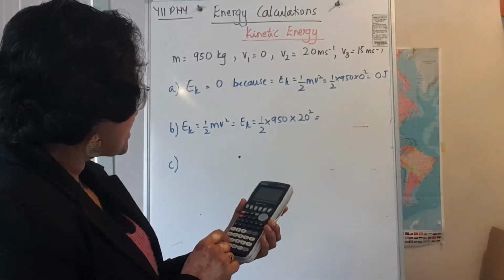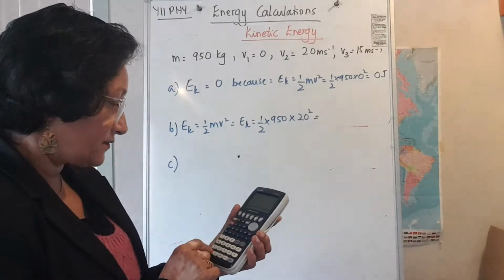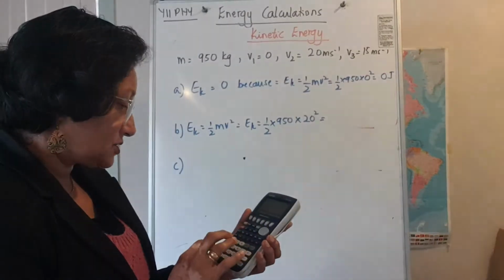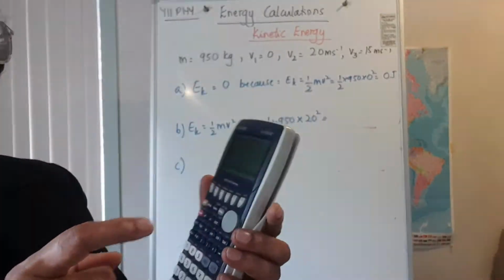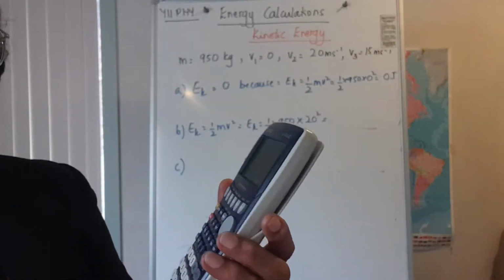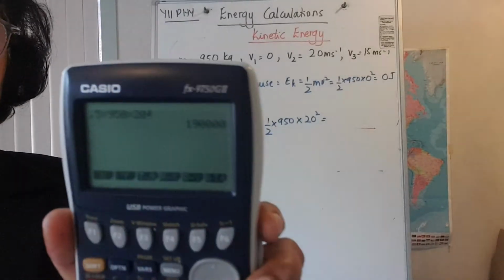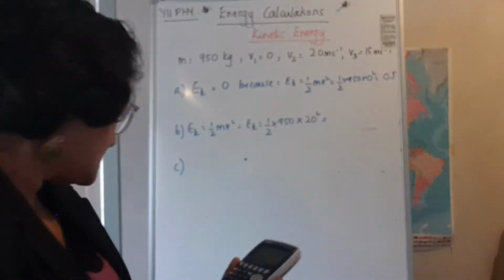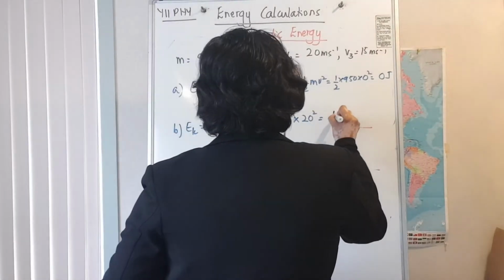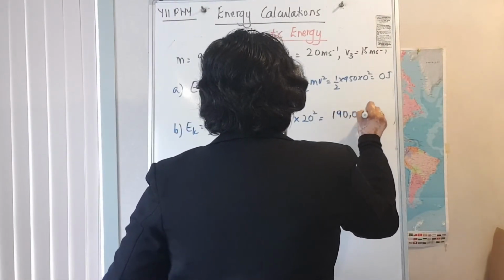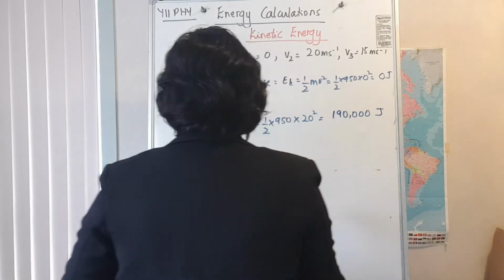So I'm just going to put 0.5 times 950 times 20 squared. You know, there's a square button over here. So it looks like this on your calculator, and I get 190,000. So that's the amount of kinetic energy it's got. And it's in joules because it's energy.